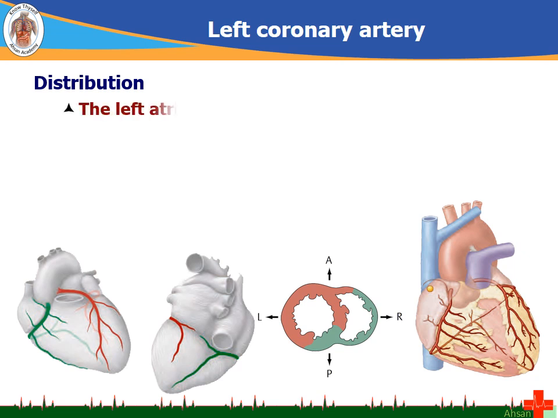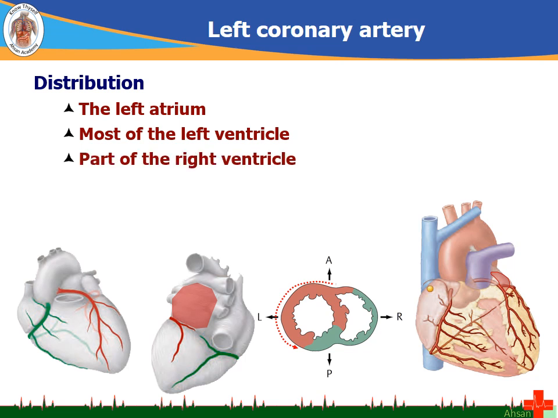Regarding the distribution of the left coronary artery, naturally it supplies the left atrial wall, shaded red, and most of the area of the left ventricle, as shown in the section by the red dotted arrow. The right ventricle is supplied on the sternocostal surface close to the anterior interventricular groove.